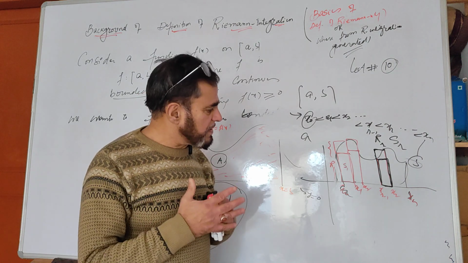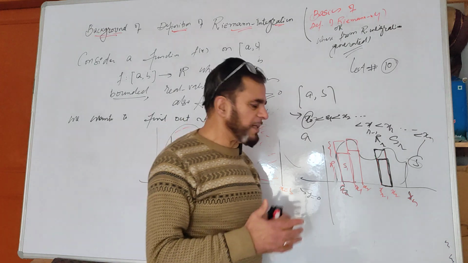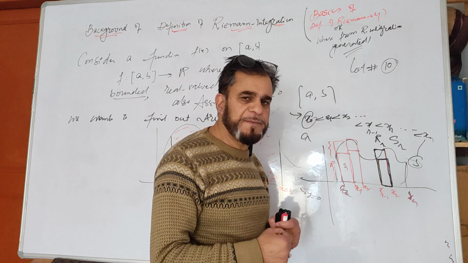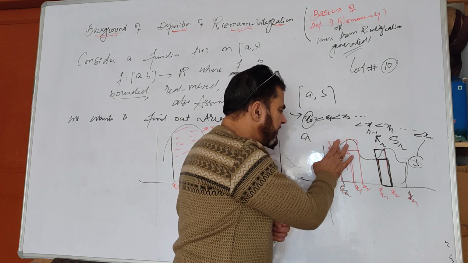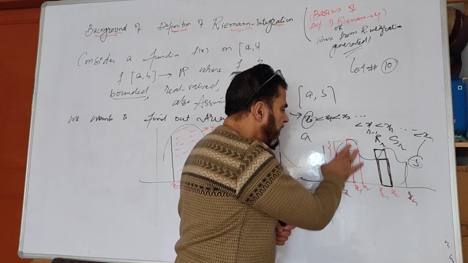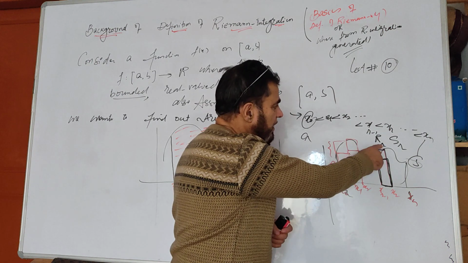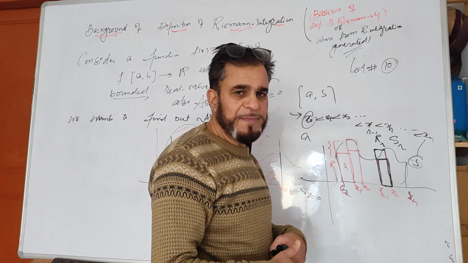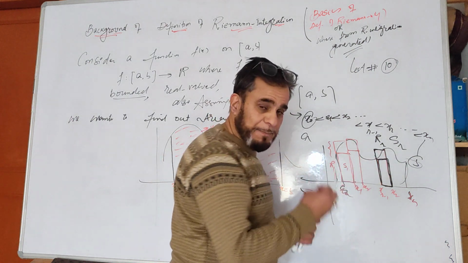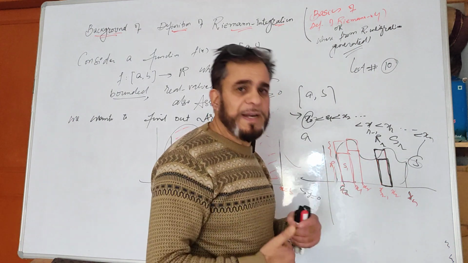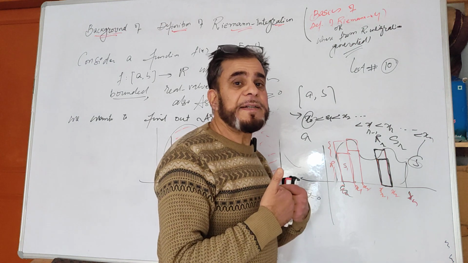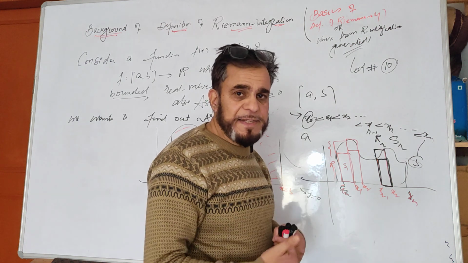When this number of partitions you take large up to infinity, the area of this larger rectangles R_r ये decrease हो रहा है, और ये जो है S_r sum of rectangles, lower rectangles, they are this increasing.